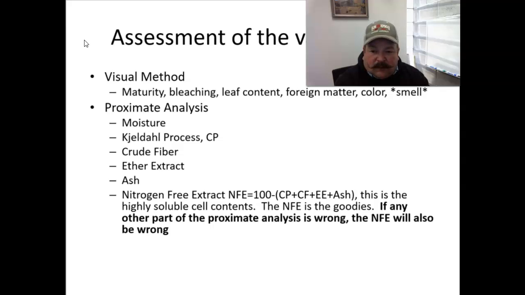Some of the other things you can do is you can start looking at the leaf content, and I don't mean leaves of hay as a baler puts it together. I mean how much of the leaf of that plant is still there versus the stem. Of course, we want a high leaf to stem ratio. We'd love nothing more than to have way more plant leaf in there than we would stem.